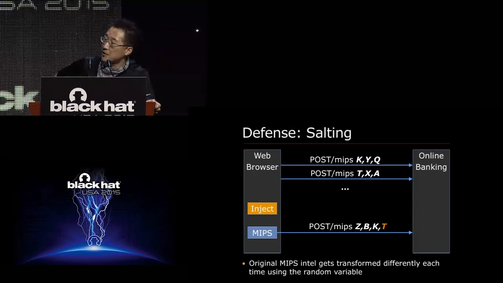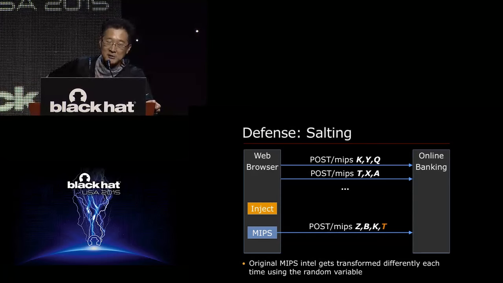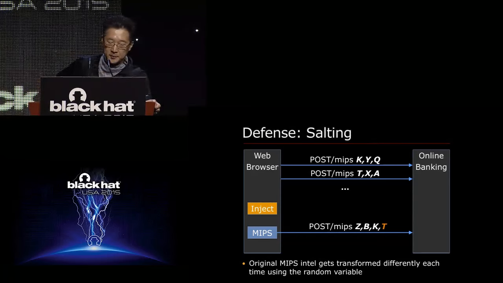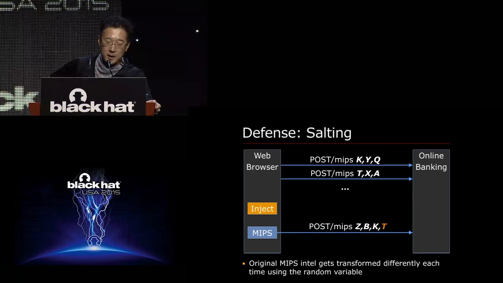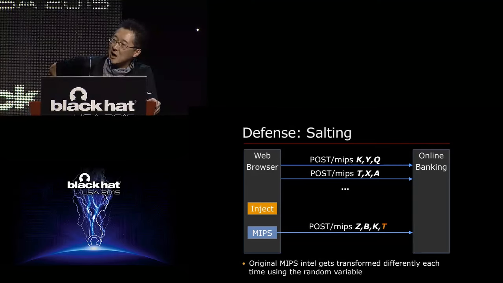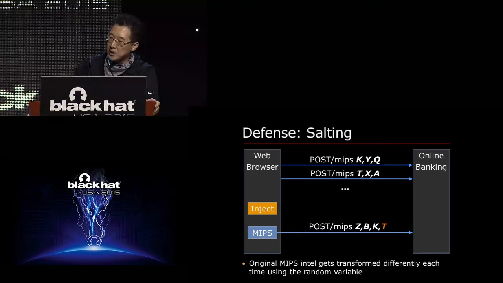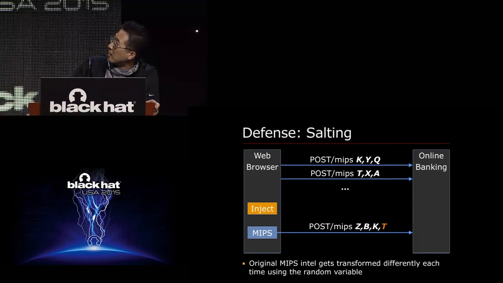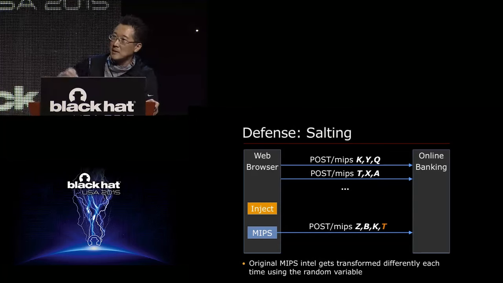In this case, the SHA-1 hash values of the scripts will be transformed into something else. Because each time we access the online banking page it gets a new salt, the attacker will see something that is not the same value for each packet.